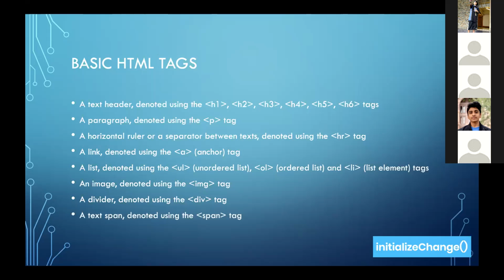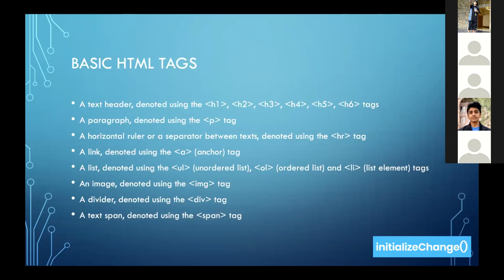Each one indicates, in ascending or descending order, the size of the text you want for that header. These are also opening and closing tags. So like H1, and then you put, this is a title, and then forward slash H1, and it'll show a gigantic header saying, this is a title.